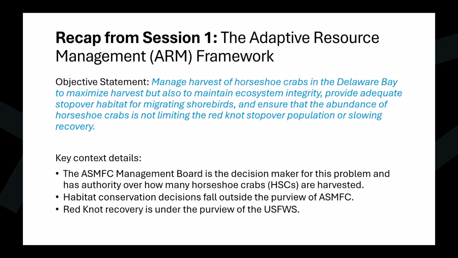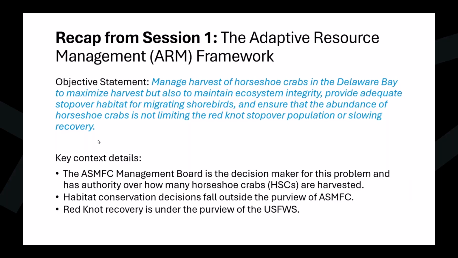Before we launch into the deep dive of the values-based functions, we wanted to recap a few basic things about this process and the framework as a whole. It's always good to go back to the beginning and be clear about what the frame of this framework actually is. What's the objective that it's trying to achieve?